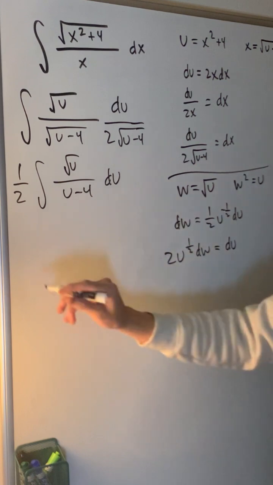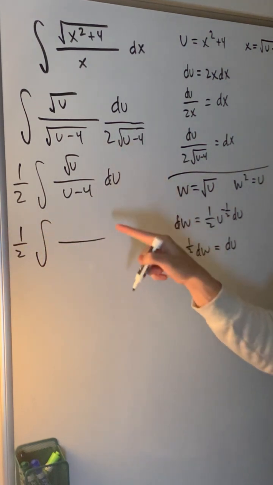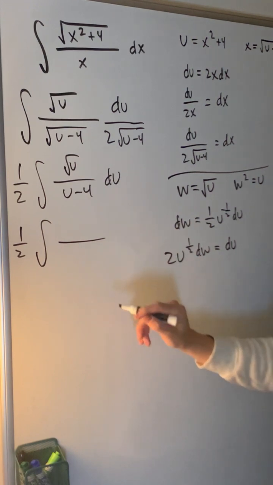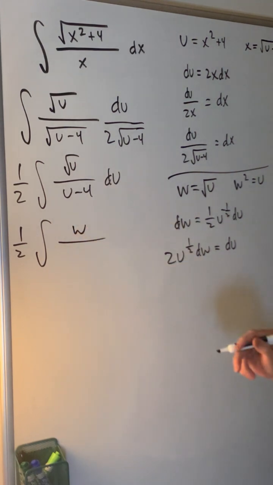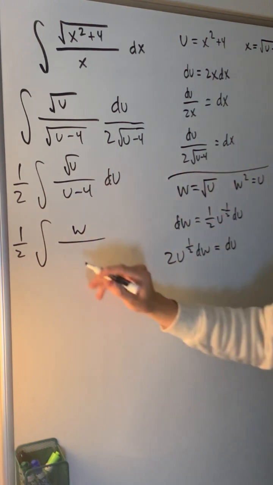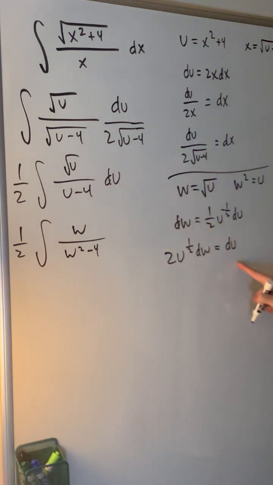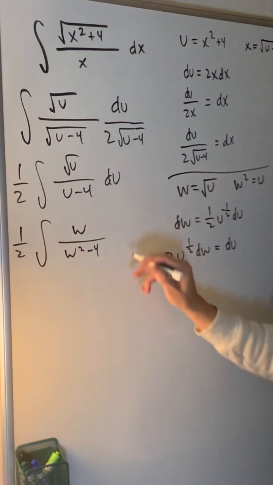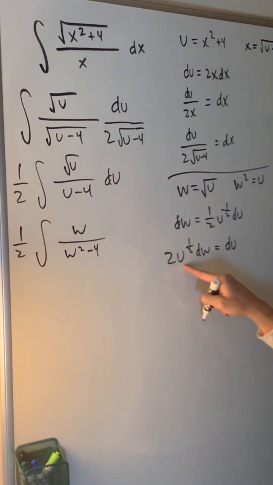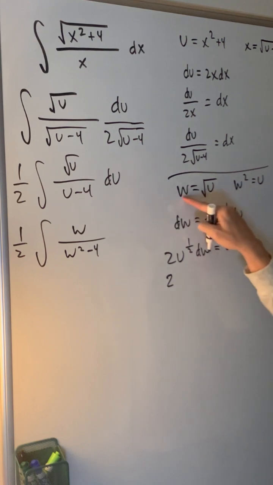Now, let's go back here. So this is 1/2 integral. So in the top, the square root of u is w. And in the bottom, that u is w squared minus 4. And then replacing du, now u to the 1/2 is the square root of u, which is w.